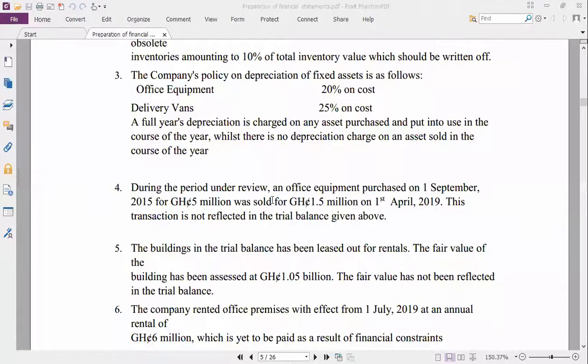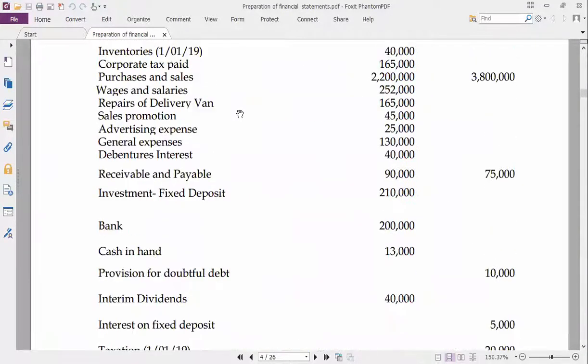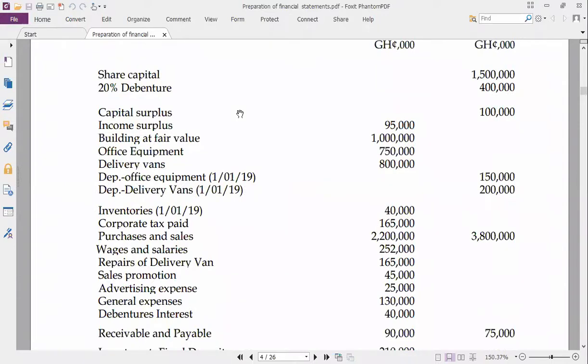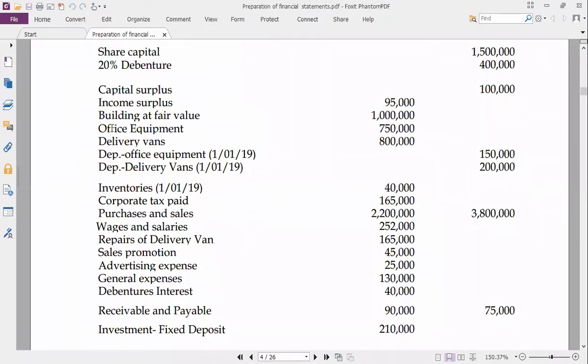So let's see. The cost of the disposed asset is what? 5 million. Perfect. Now let's look for the entire cost of office equipment. So the entire cost of office equipment is what? 750,000.